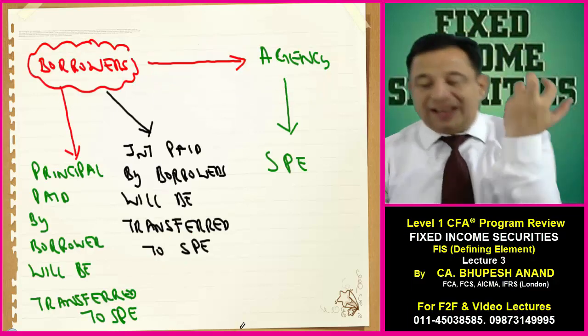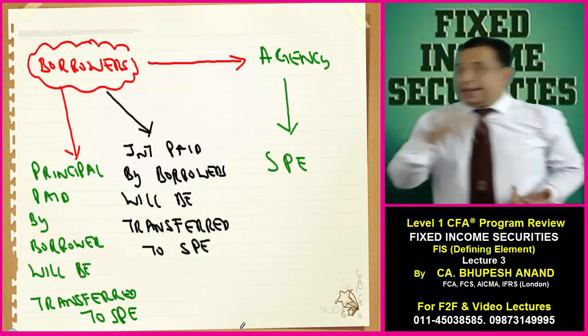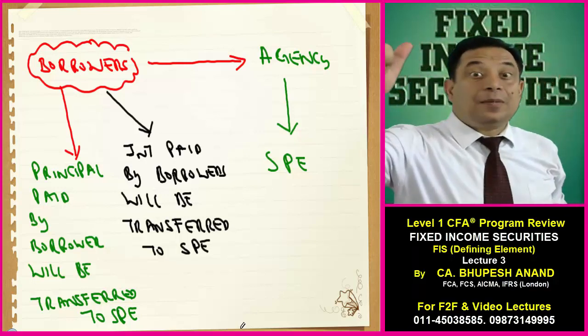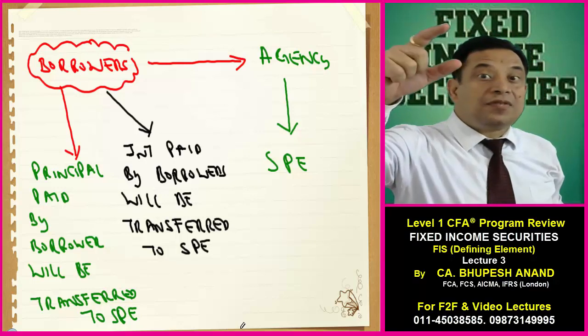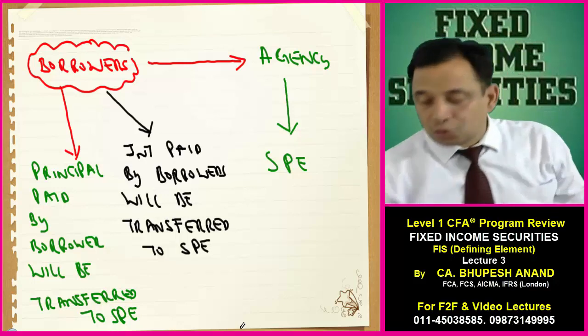So I have prepared again a flow chart for you. Borrower, agency, SPE. SPE sold those assets, and then the repayment will be done with the help of the interest paid by borrowers, or the principal paid by borrowers, that will be transferred to SPE, and that will be a source.